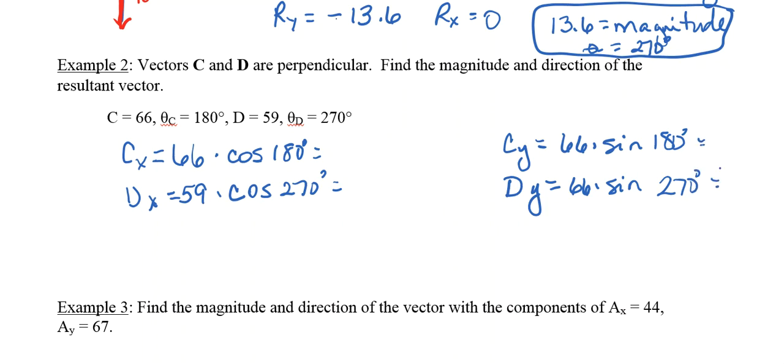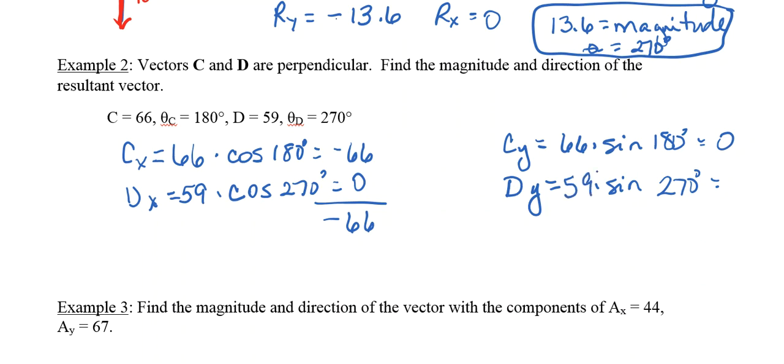Okay, so 66 cosine of 180 is negative 66. 59 cosine of 270 is 0. So when I add up my x components, I get negative 66. 66 sine of 180 is 0. 66 sine of 270, oh, I plugged in the wrong number again. So let's fix that real quick. This should be 59.